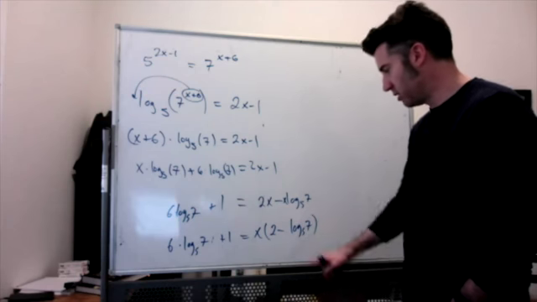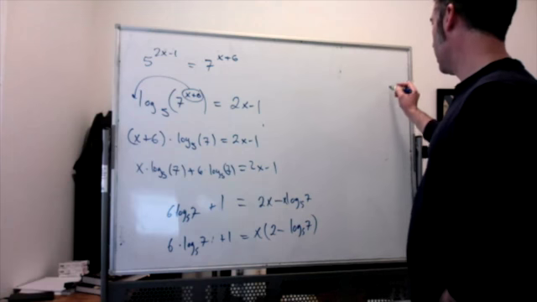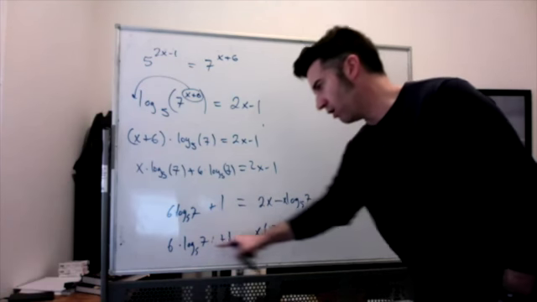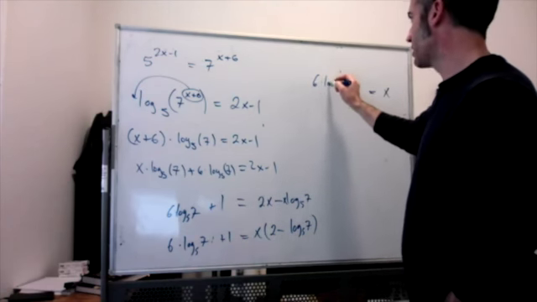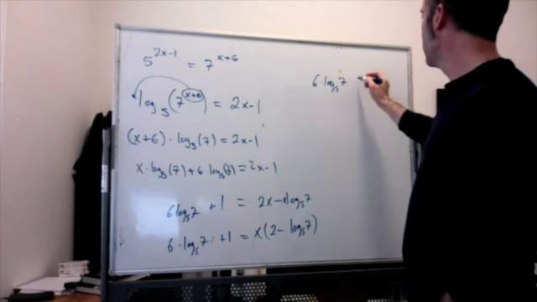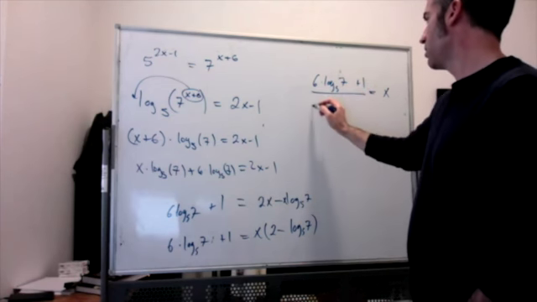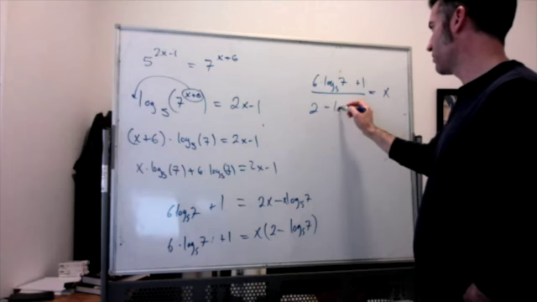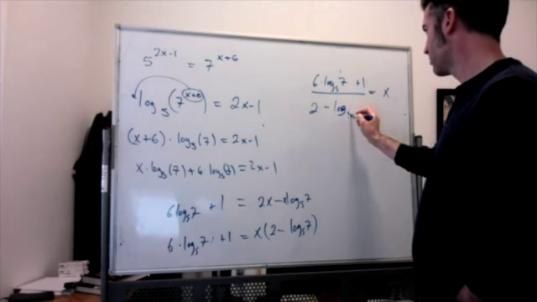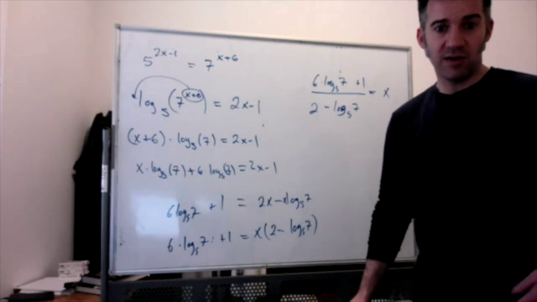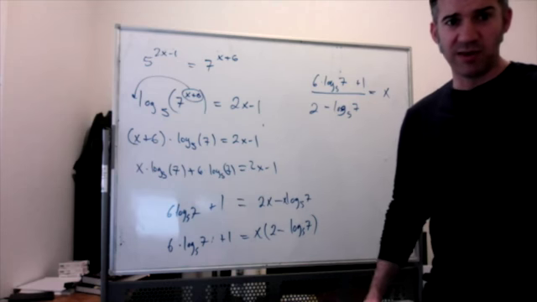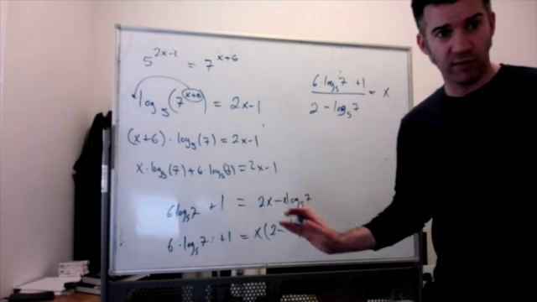And then finally, divide both sides by this. So that x is equal to all of that, 6 times log base 5 of 7 plus 1 divided by 2 minus log base 5 of 7. That's also a perfectly fine way, although weird to me, but still a perfectly fine way of doing it.